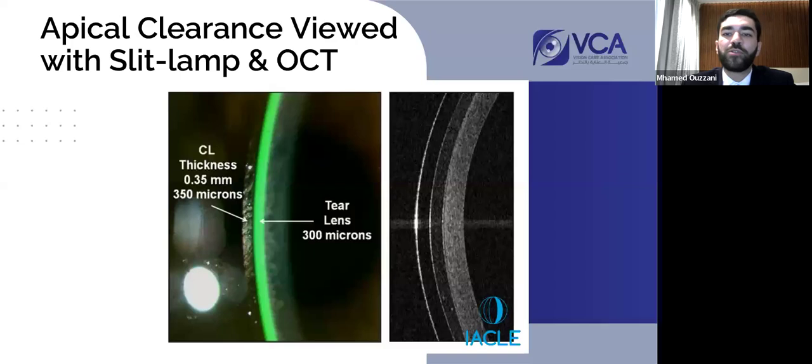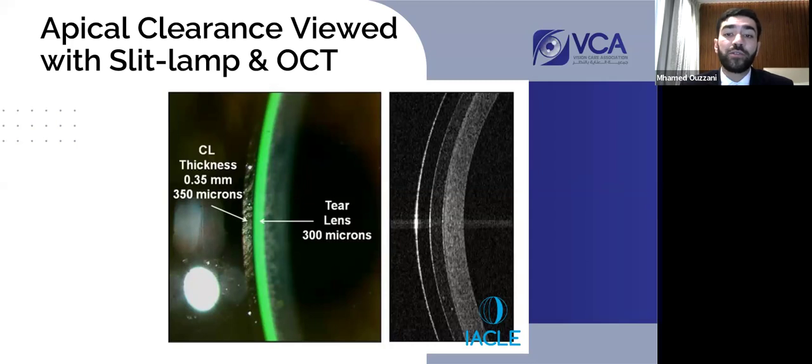Of course, if we are fitting scleral lenses on the slit lamp, we need to know the central thickness of the lens, because we are going to compare the central clearance to the center thickness of the lens and not the cornea. This is very important because we are working with irregular corneas. Keratoconic corneas have a thinner pachymetry on the cone, or on the center or the periphery of the cone, but after the cone we have a different pachymetry.